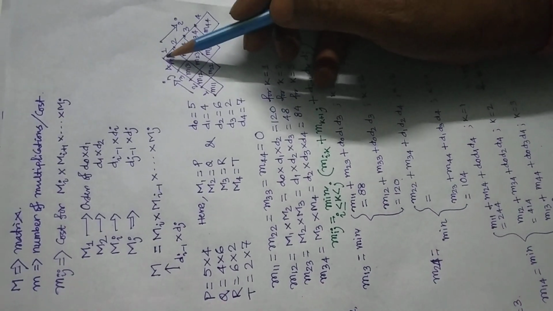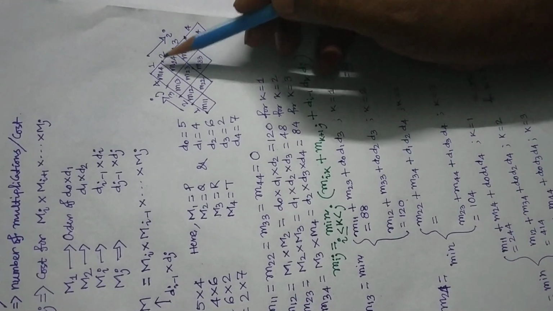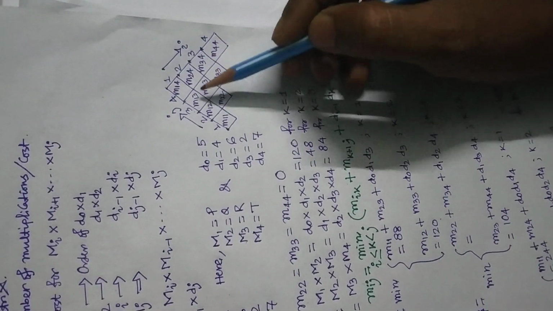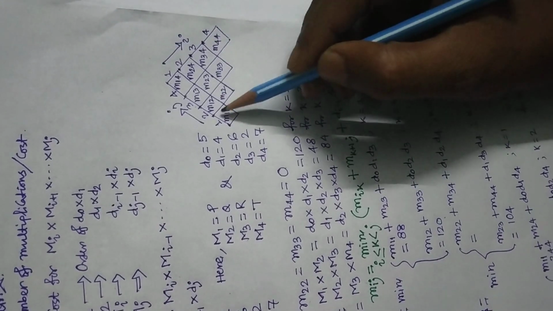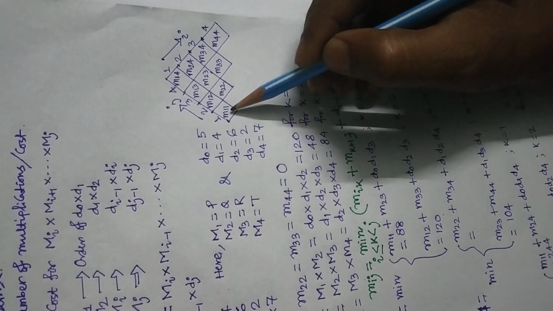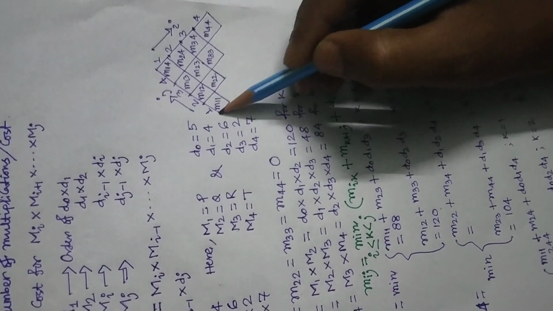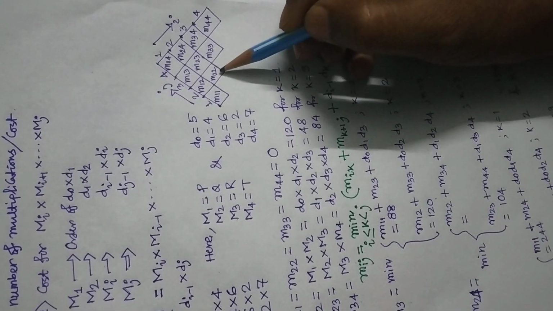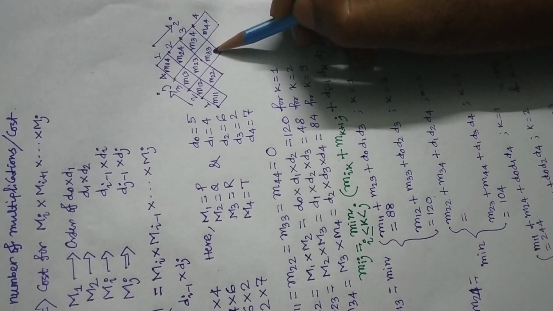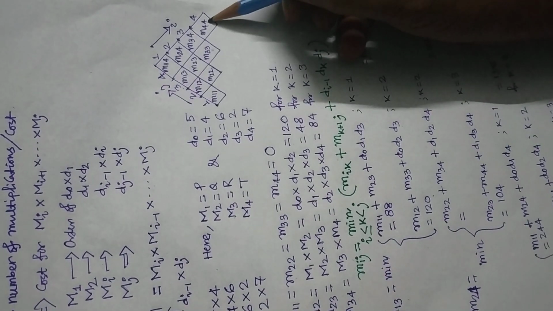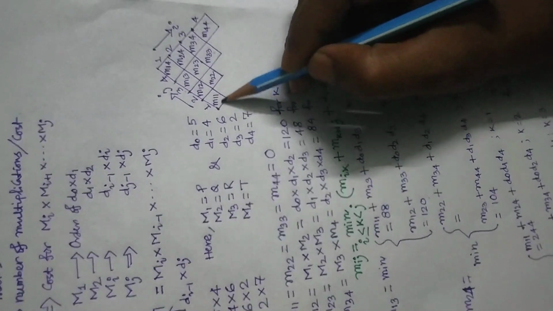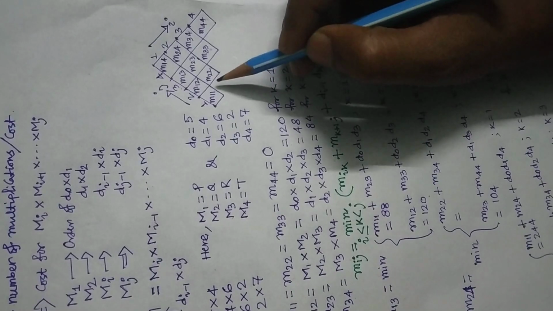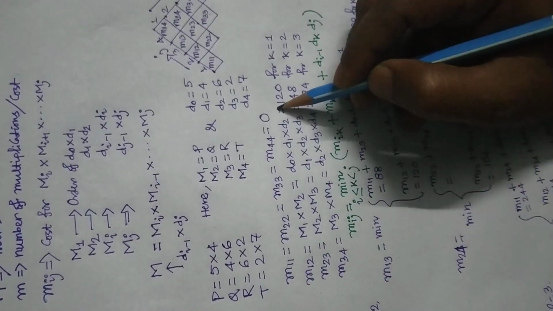For four matrices, you have to fill up this table and calculate M14, M24, M34, M23, M13, M12. Now M11 means i is equal to 1, j is equal to 1, that represents a single matrix M1. Similarly M22, M33, M44 each represent a single matrix, so no multiplications are required, that means all are zeros.